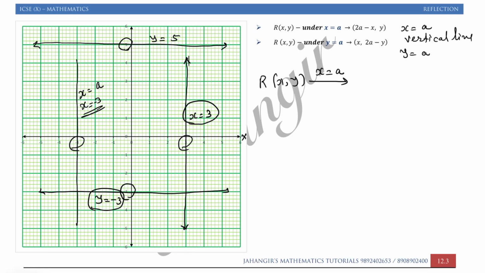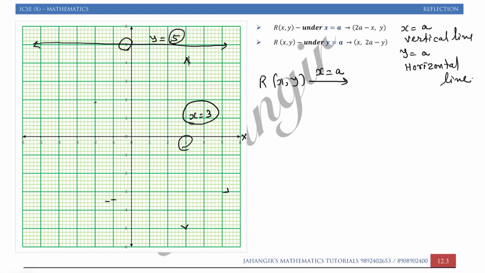We will consider a as any constant like 5, -3. Whenever it says y is equal to, we say it is a horizontal line. Just do remember this part. Let us erase and I will explain the transformation in horizontal and vertical lines, and we will derive some formulas.